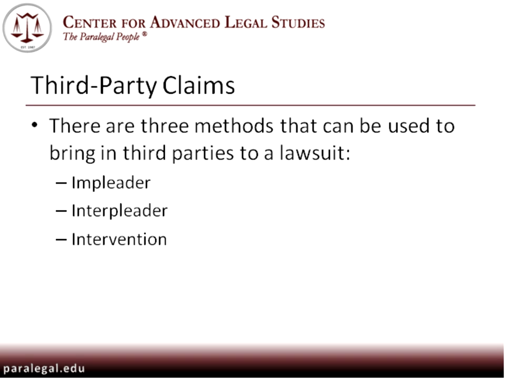You want to bring in the third party. Like I said, usually the deadline federally is within 10 days of the defendant's answer to bring in a third party. Otherwise, you have to ask for leave of court. But always look at the docket control order from the judge, if there is one at that time.